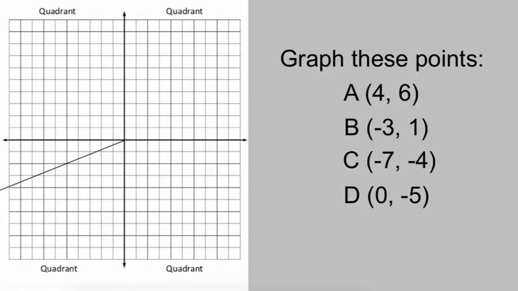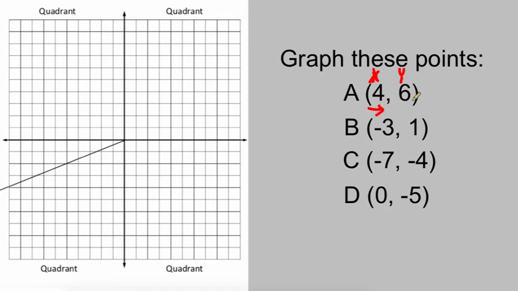All right, real quick, we're going to practice plotting some points on our coordinate grid. You still have your other notes over here, and that's okay, but we're going to plot some points as well. So point A is at 4, 6. Remember, the first number is always your x, the second number is your y. 4 is a positive number, so I'm going to go to the right.